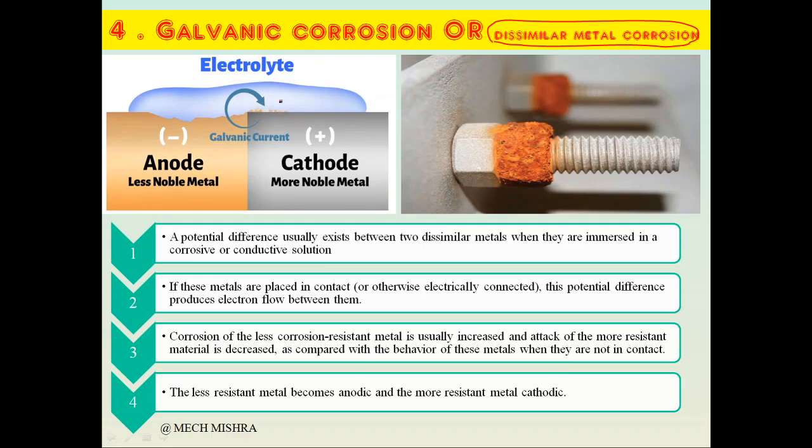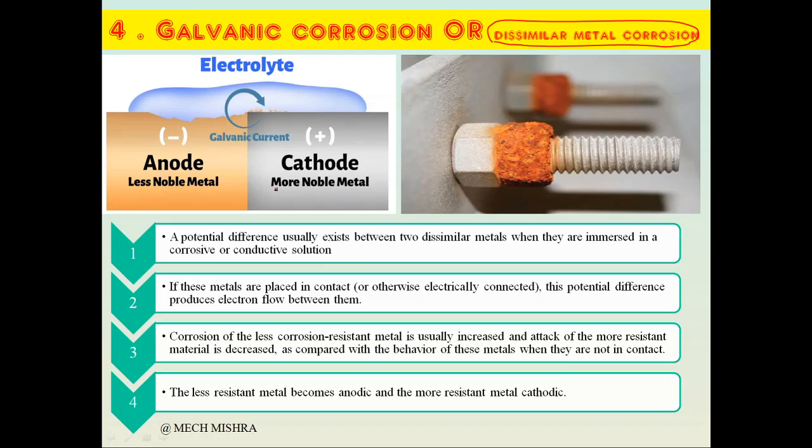So when there are two metals which are electronically connected, there will be formation of a galvanic cell, and the more noble metal, meaning the metal which is not reactive, like gold, titanium, these are noble metals, will not corrode.